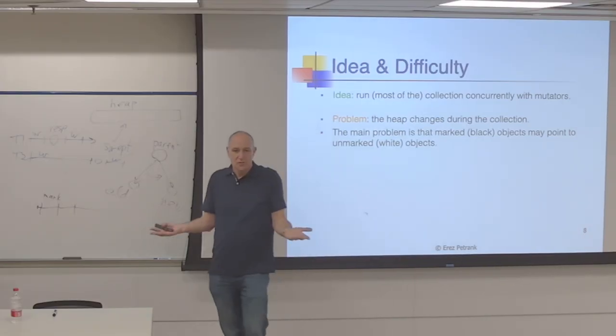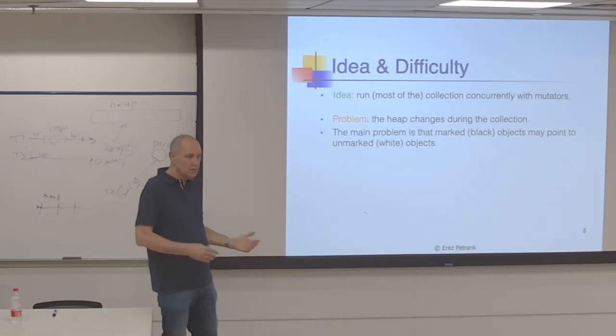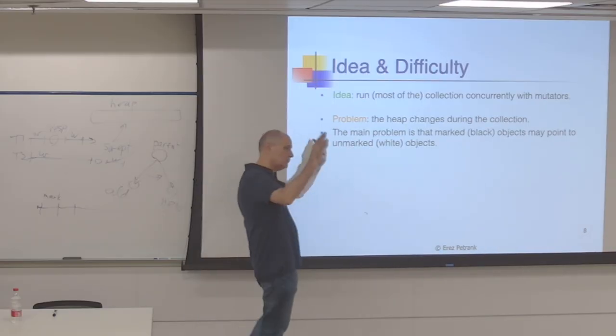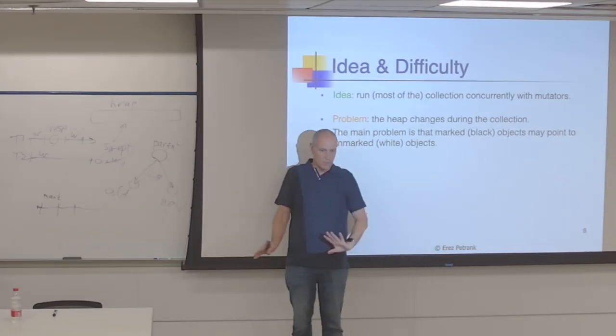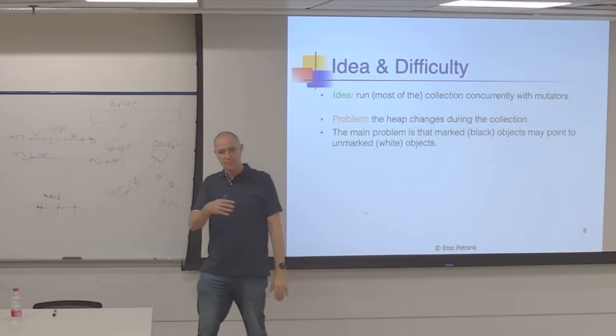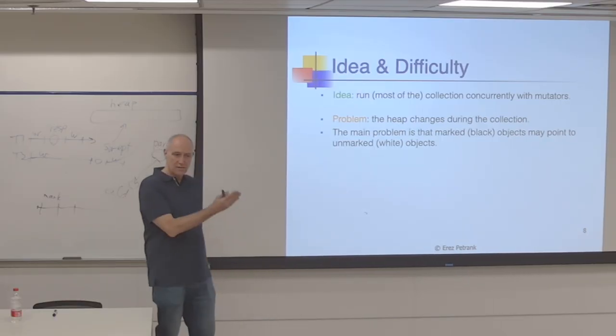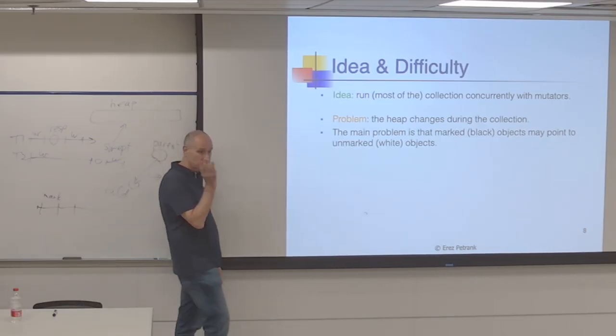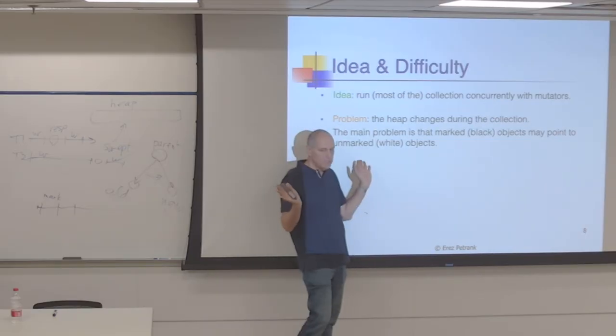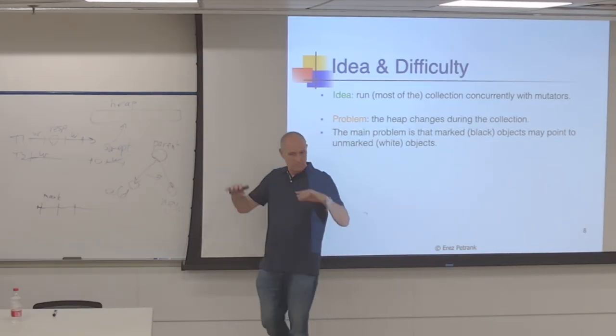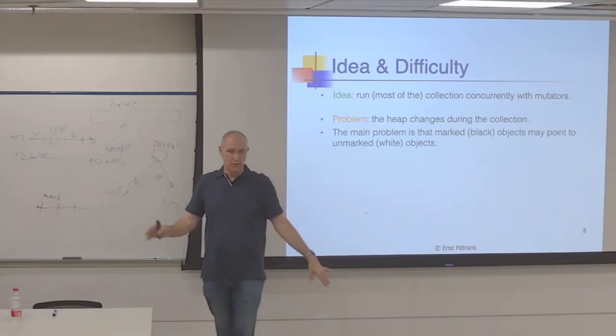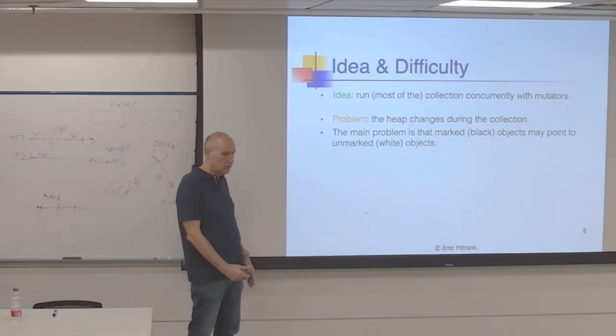But how much of the heap changes? We want to search for reachable objects, and sometimes the program is going to cheat us. It's going to move a pointer and we're going to miss an object. But most of the heap we can handle very well by running concurrently with the program, and we'll find most of the reachable objects.